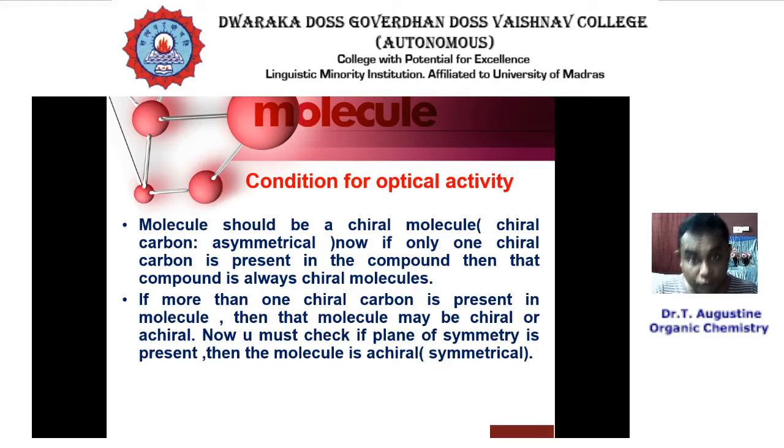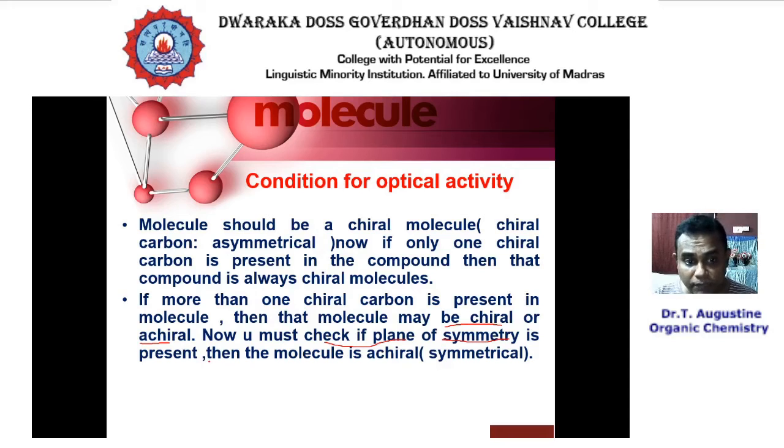Let us imagine a situation where more than one chiral carbon is present in the molecule. Then that molecule may be chiral or achiral. For molecules having more than one chiral carbon, you must check if there is any plane of symmetry present in the molecule.